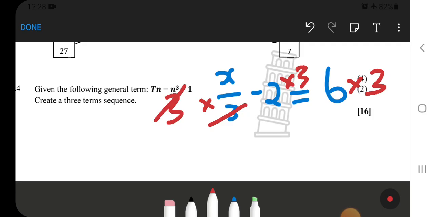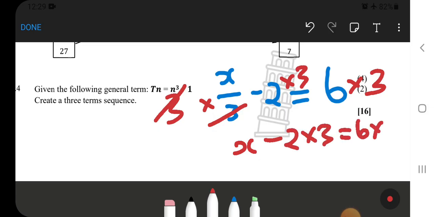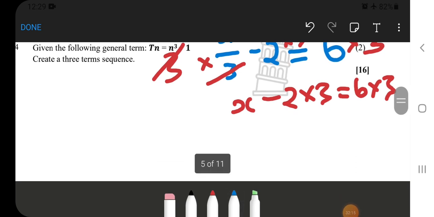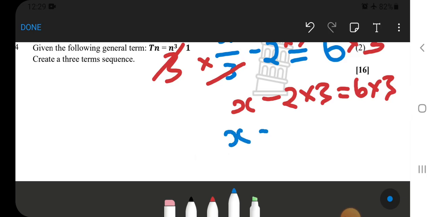And then we'll be left with X minus 2 multiplied by 3 equals to 6 multiplied by 3. And then that's when we are going to say X minus 2 multiplied by 3 is 6.